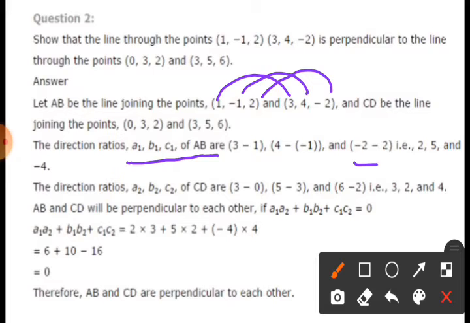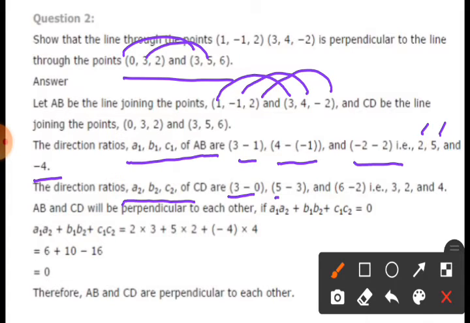Simplifying, 3 minus 1 is 2, 4 plus 1 is 5, and minus 2 minus 2 is minus 4. The direction ratios a2, b2, c2 of CD are 3 minus 0, 5 minus 3, and 6 minus 2. Simplifying, we get 3, 2 and 1.